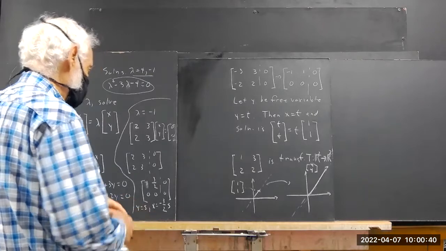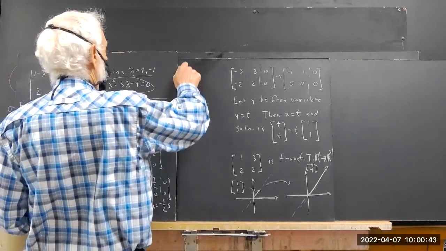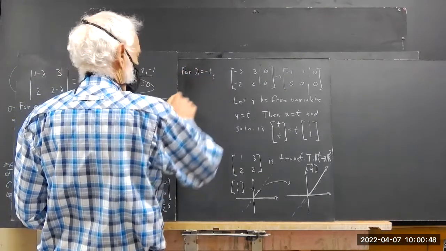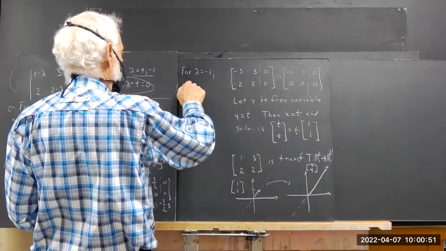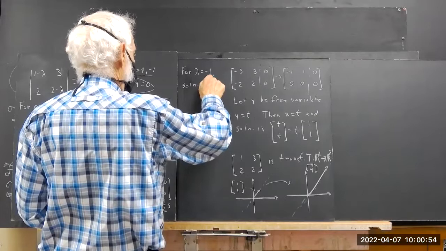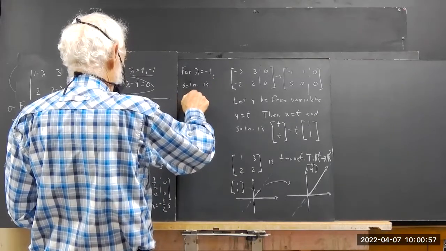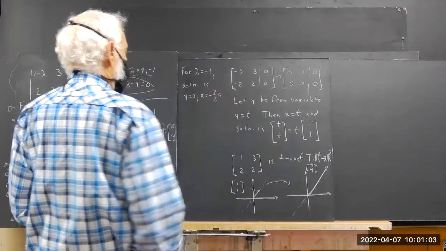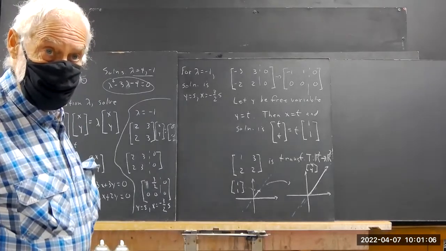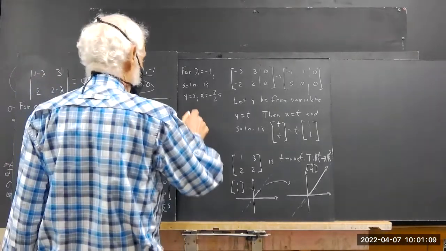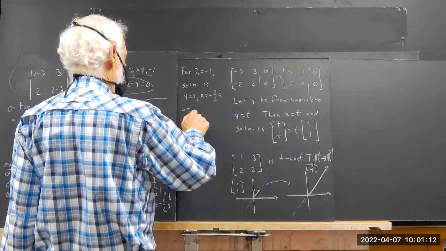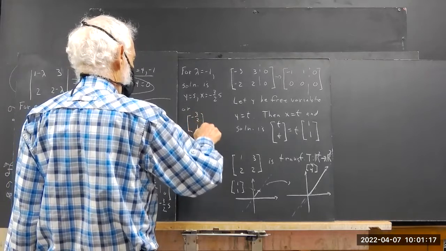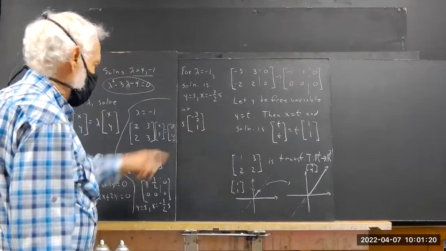Okay, well, anyhow, down here, we get y equals s, x equals negative 3 halves s, so we can say [x, y] is [negative 3 halves s, s]. So we could do s times [negative 3 halves, 1].